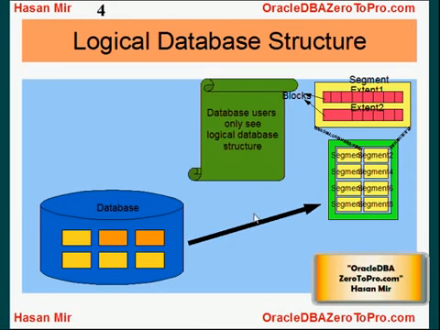Now, database users only see logical database structure, so they only see objects like tables, views, indexes. They don't see objects like segments, extents, and table spaces, because the purpose of those objects is to address where objects should be stored.